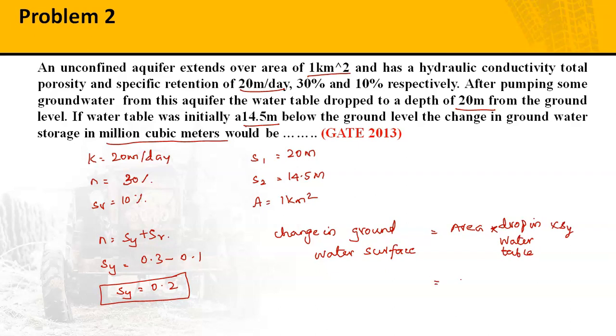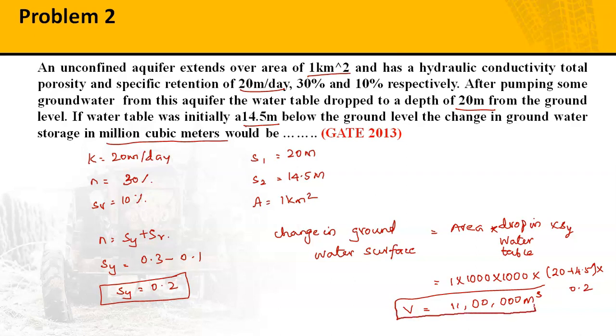We want to find the answer in cubic meters, so this is converted from kilometers square into meter square. So 1 into 1000 into 1000 into drop in water table, as you all know, 20 minus 14.5, into specific yield, which you found as 0.2. When you solve this, you can get the change in groundwater storage in million cubic meters, 1.1 million cubic meters.